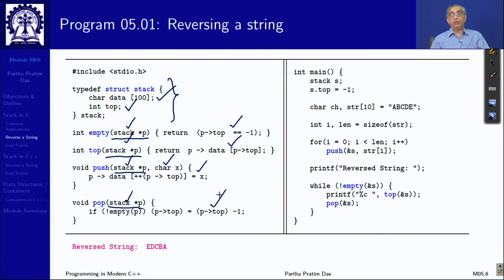Here you decrement the top to logically remove the element. For simplicity, here we have used the protocol that pop just pops, it does not return the value that it has. So, to get that value you should first do top and then do pop to remove it. Right? So, that is a simple way of doing it.